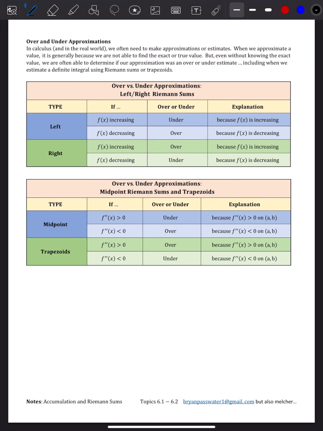And it all has to do with what our functions look like. If I have a function that is concave down, and I'm looking at trapezoidal rule, I'm going to be picking endpoints, and that distance between our endpoints is going to be under.